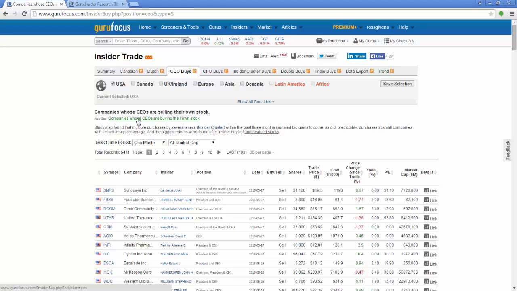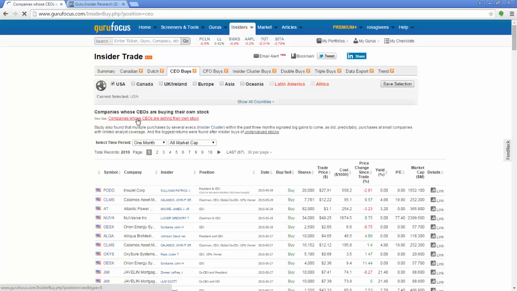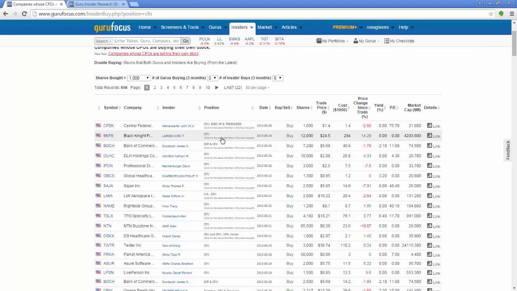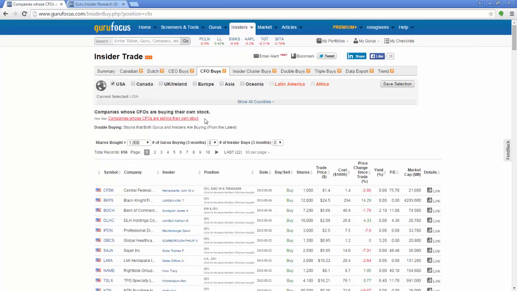And if you're on the sales page, vice versa, this hyperlink is green, showing you the buys. Now, the CFO link works pretty much the same. It's just searching by the CFO versus the CEO, the Chief Financial Officer versus the Chief Executive Officer.